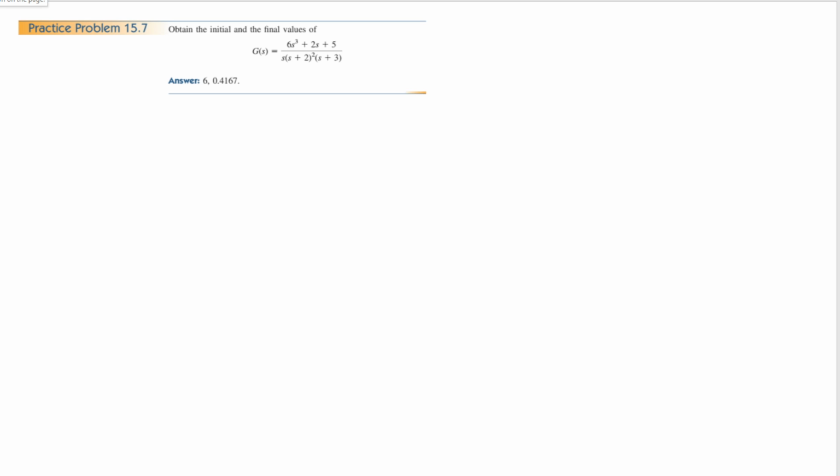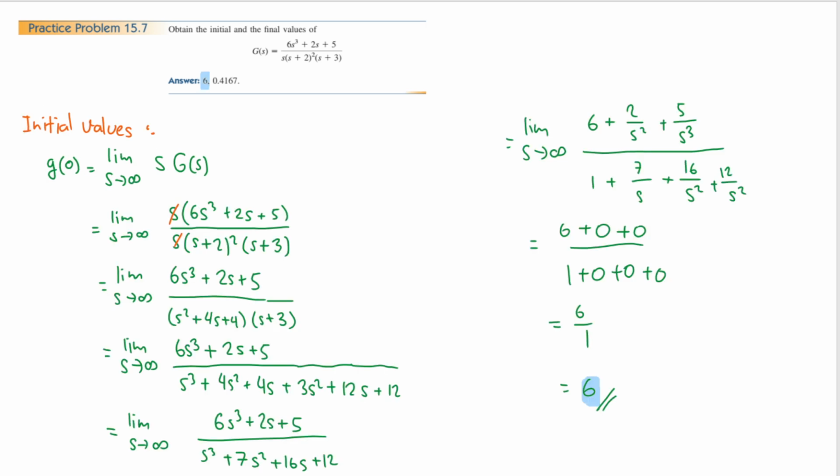Now let's calculate the final values. We can calculate it by g of infinity, which is the limit as s goes to 0 of s times G(s). We already calculated s times G(s) from the previous calculation, so it will be this one from here.